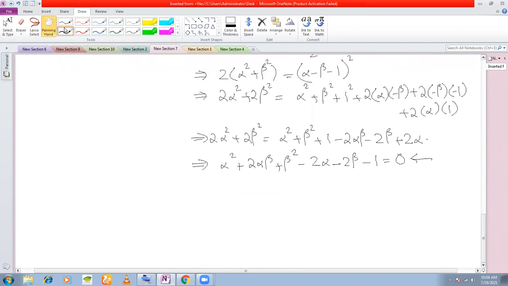So now once we have got a relation between alpha and beta, the point here is that when we are talking about locus, we talk about locus in terms of x and y. So we change alpha and beta to current coordinates.